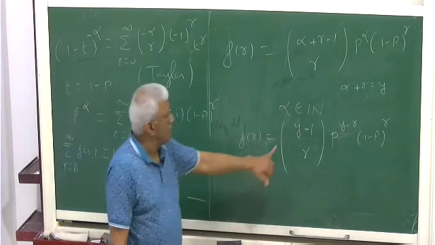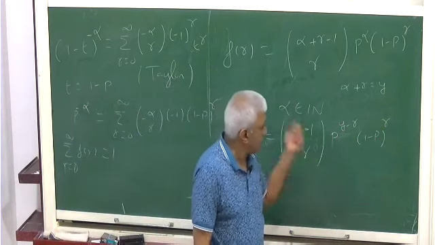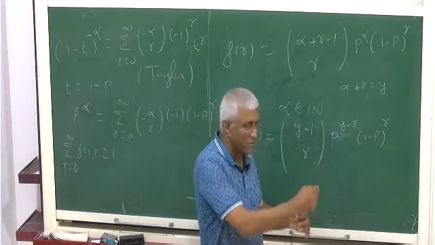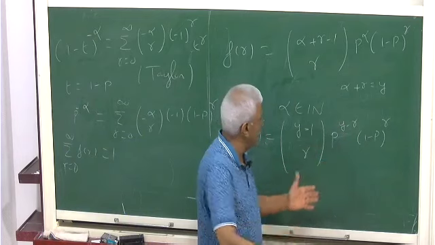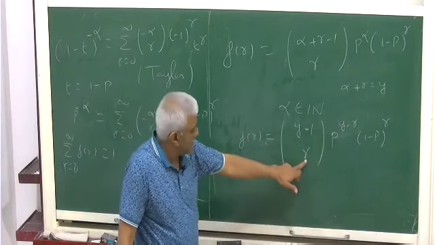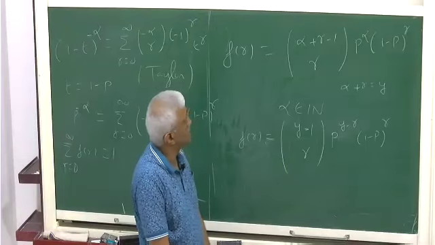So if you toss a coin, go on tossing a coin, the probability of the first y times, first y tosses, you should get r minus 1 here.